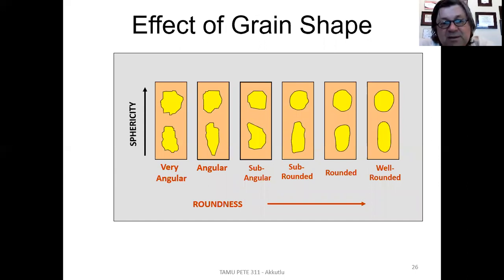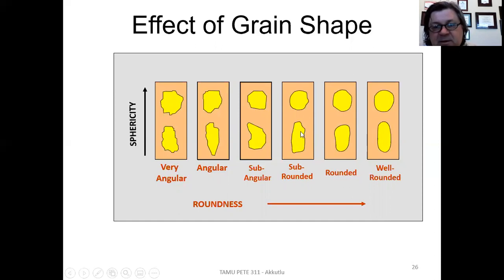So this is showing the particle's shape, if it's round versus spherical. Imagine that things are getting more spherical in the vertical direction upwards, and things are getting rounder from left to right. So here there are some images trying to represent this sphericity and roundness changing as you go from left to right and from top to bottom.